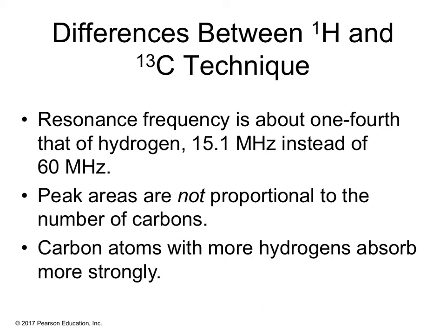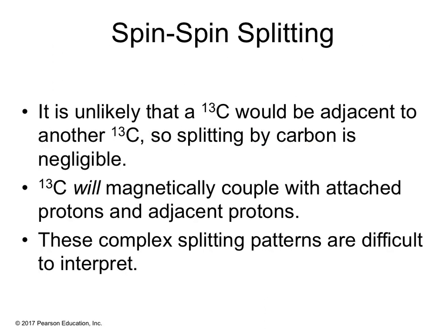The difference between proton and carbon is the frequency is different, right? That's why you have a 0 to 200 ppm scale for carbon, and basically 0 to 12 ppm for a proton. For spin-spin splitting, it's unlikely that a carbon would be adjacent to another carbon, so the splitting is negligible.